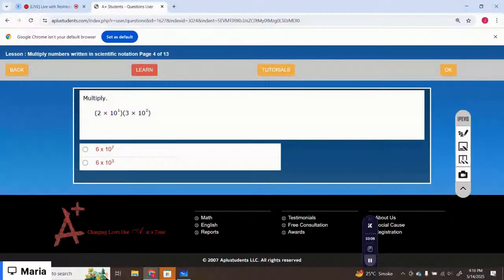That is 6 times 10 exponent 3. Option number 2 is the correct option.